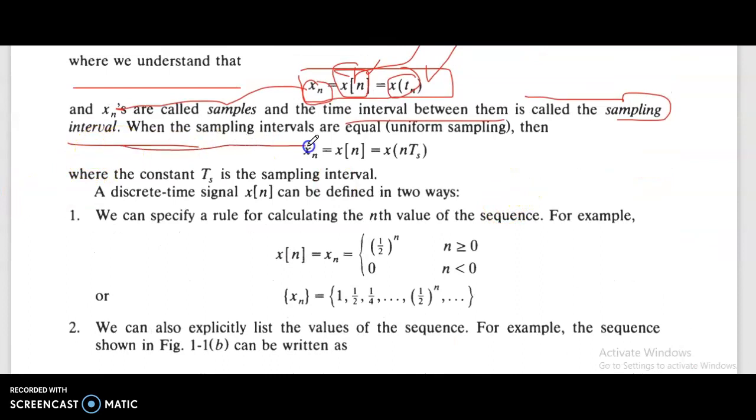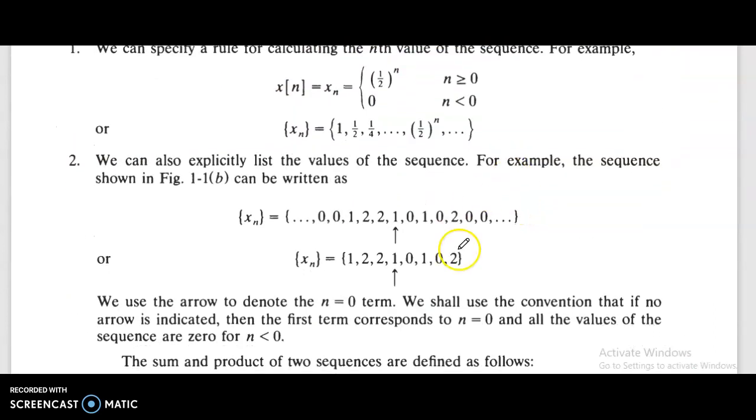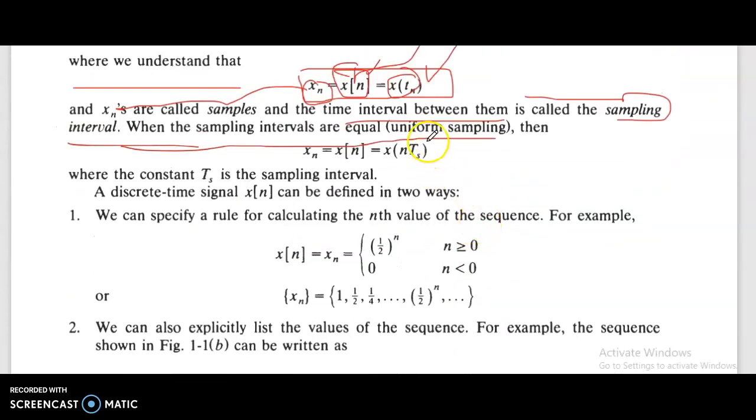When the sampling intervals are equal, it is called uniform sampling.